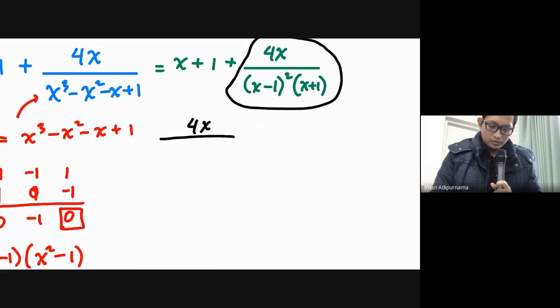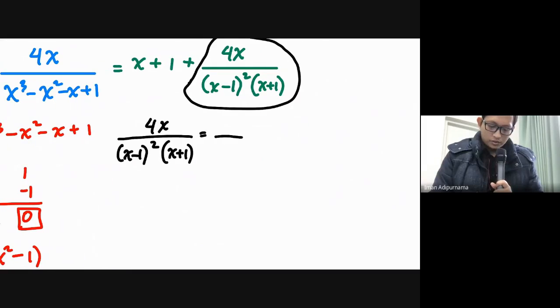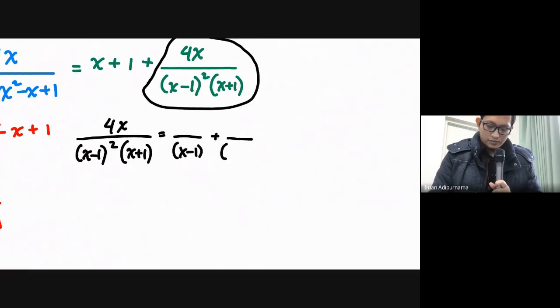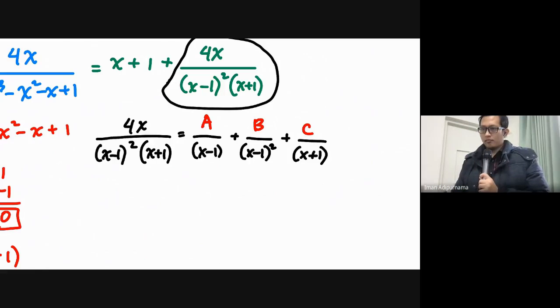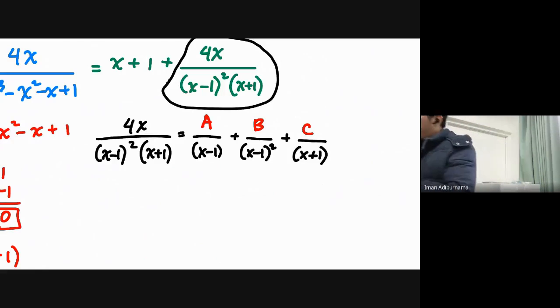So 4x, and we can have nice fractions, and get A, B, C. To get the A, B, C, it's the same process as we did previously, so I leave that to you.